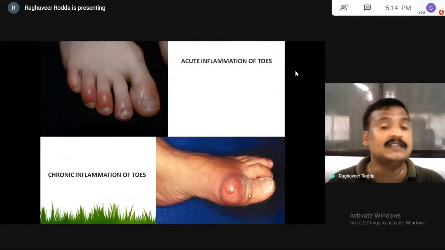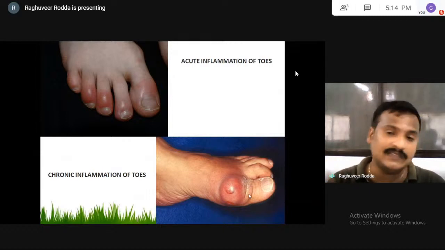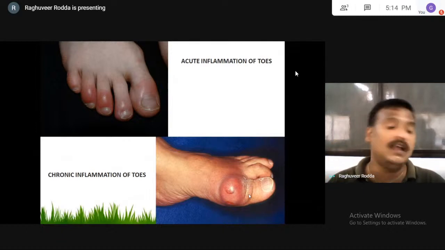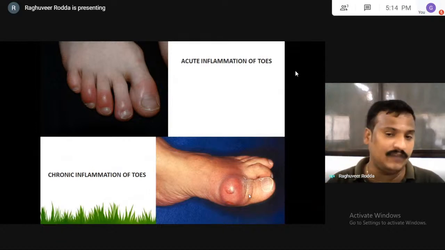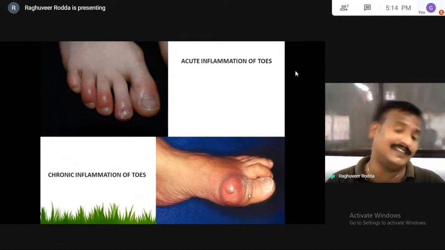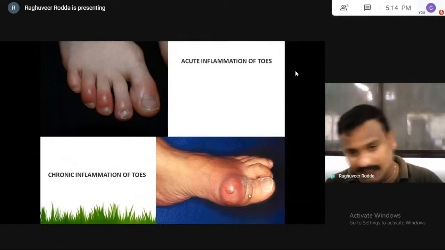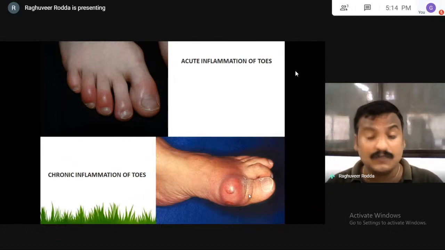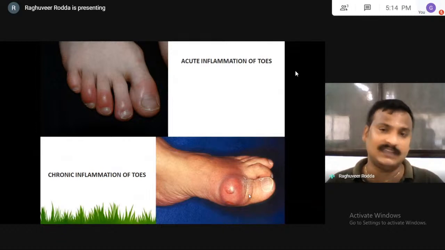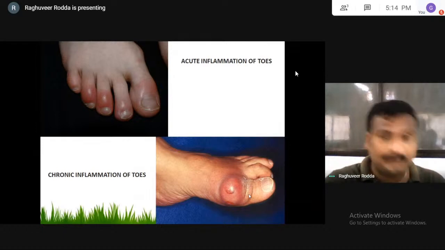When the inflammatory cells and mediators act against the pathological organism or the cause behind the inflammation, they form a deformity in the end organ that stays for the rest of life. So compared to the acute, the chronic forms some deformities in the organs, but compared to the chronic, acute inflammations are very dangerous in nature.